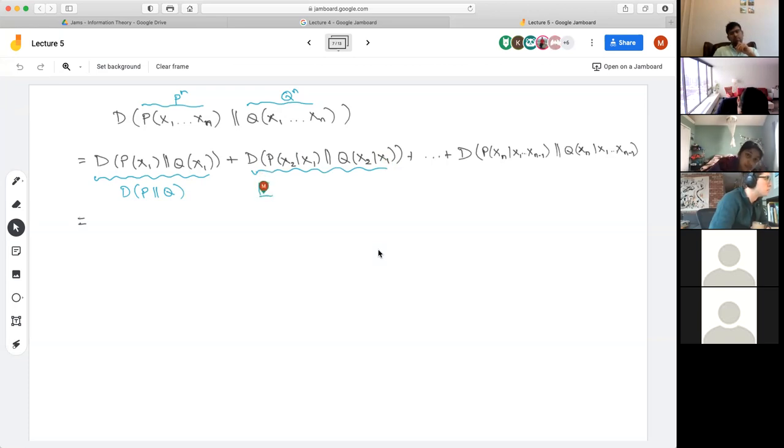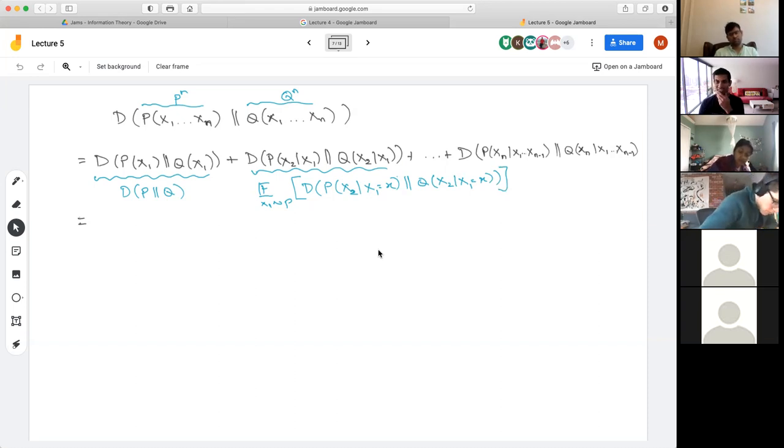This is a shorthand for the value of x1 sampled from, in this case, p again, times the KL divergence between x2 such that x1 is equal to whatever value we got. So it's a shorthand for this quantity.